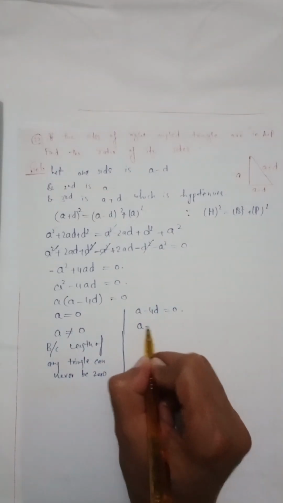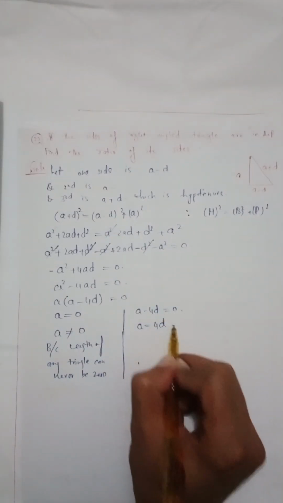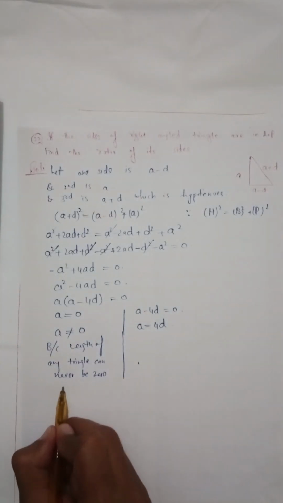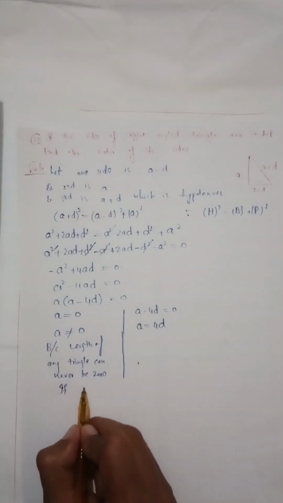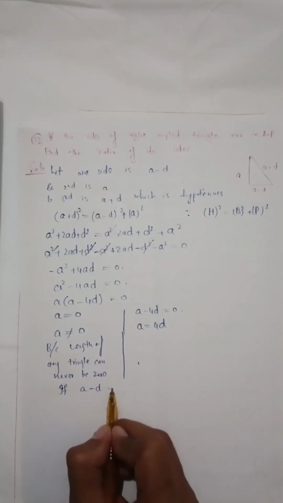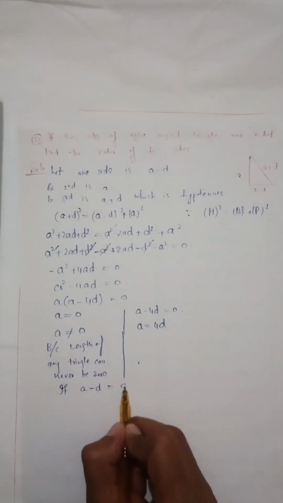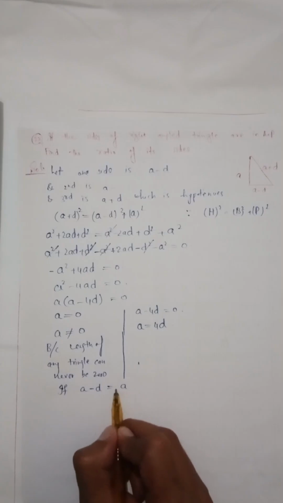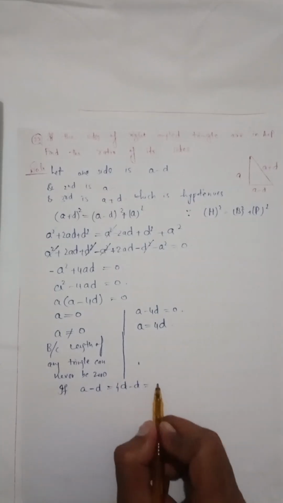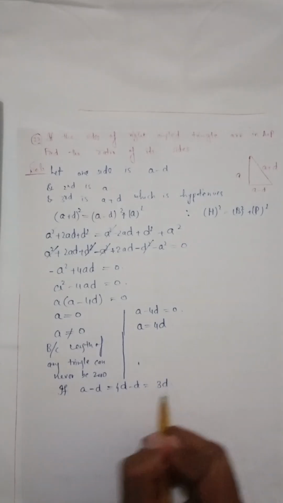So a minus 4d equals 0 means a is equal to 4d. And a minus d equals 4d minus d, which is 3d.